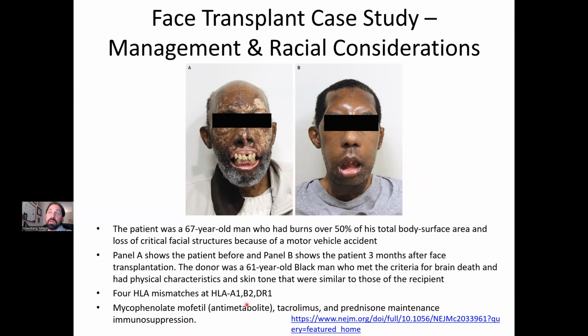So this patient will be on these immunosuppressive drugs for the rest of his life, and it's going to be a lot of monitoring, mixing up the immunosuppressive strategies depending on if there's some rejection or if those agents are not well tolerated or lead to severe adverse events. But it's just interesting that the skin tone was accounted for, and I highly encourage you to read the article if you're curious.